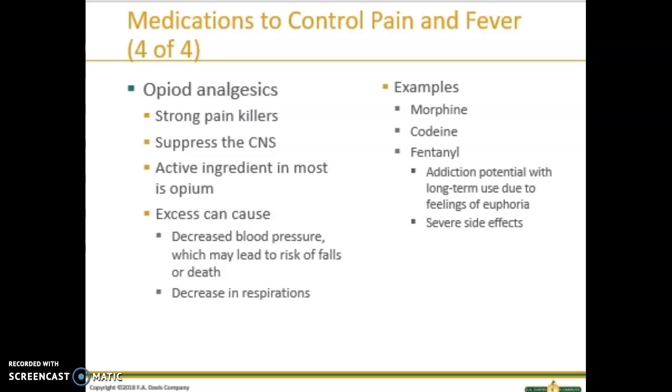Also, if taken in excess, they can decrease the respirations. So again, when we see overdoses with this, it is very dangerous and life-threatening. And examples might be morphine, codeine, fentanyl. And just a side note, opium is from a poppy plant, if you didn't know that. Kind of interesting.